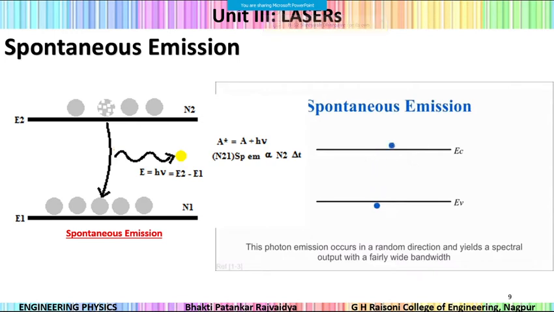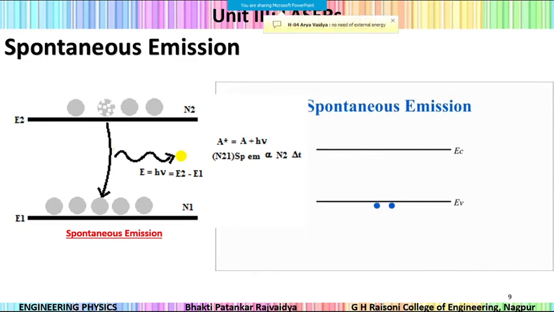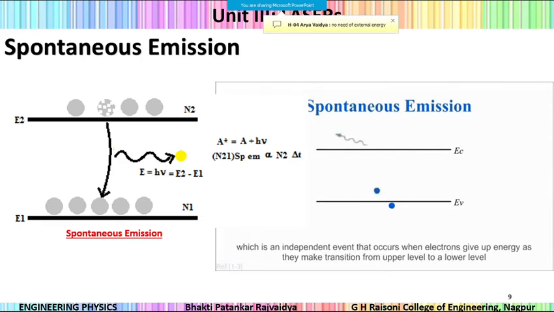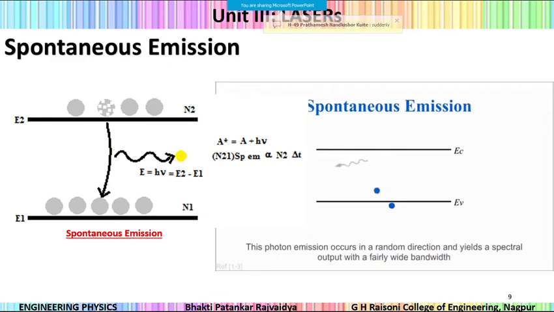Spontaneity here is not regarding time. Spontaneous is by its own, without any external help, without any need of external energy. Very good, everyone. So don't consider spontaneous as sudden. Spontaneous with respect to time is different. Here, spontaneous means by its own, without any help of external energy.